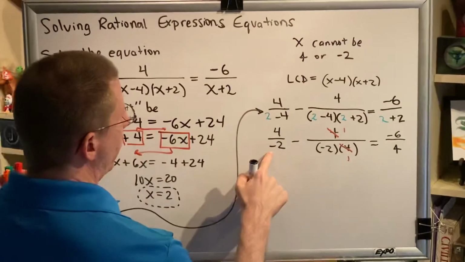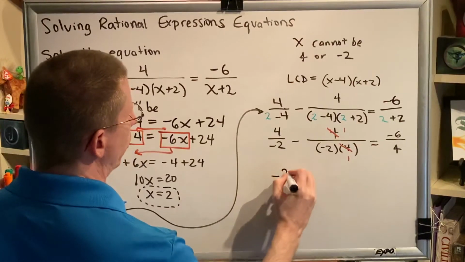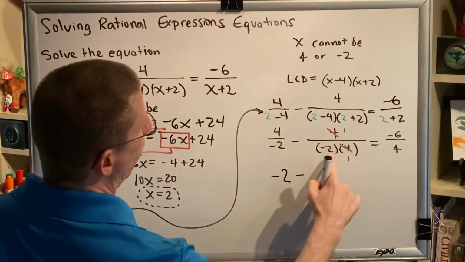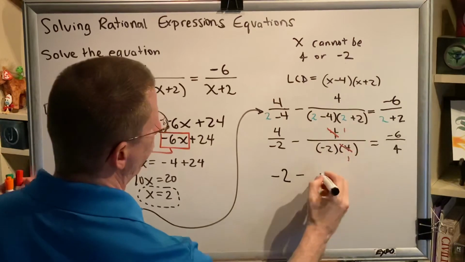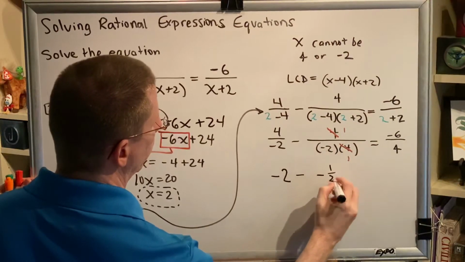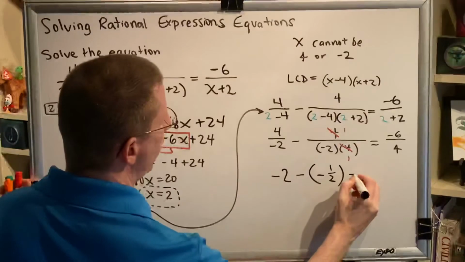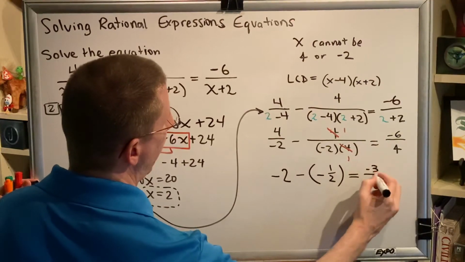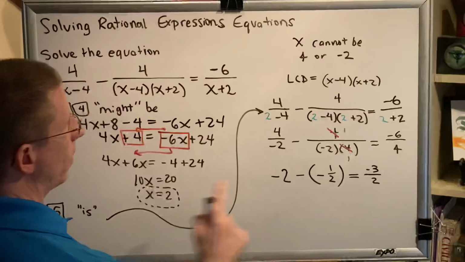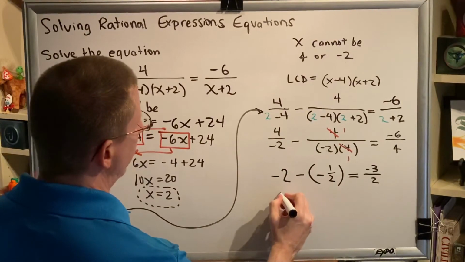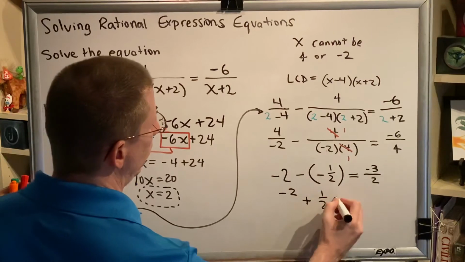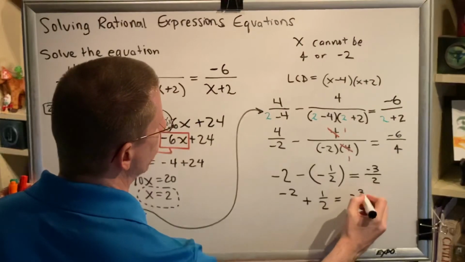So 4 divided by negative 2 is negative 2, minus, then I have a negative 1/2, equals negative, reduce this fraction, 3/2. Now subtracting a negative is the same as adding, so this will be negative 2 plus 1/2 equals negative 3/2.